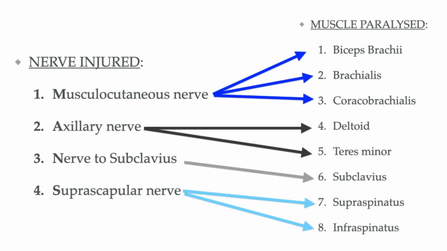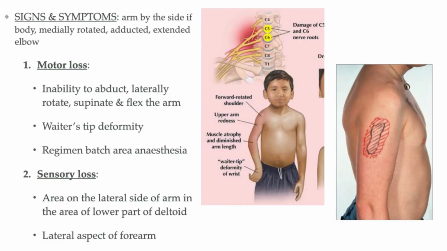Now we need to understand what are the clinical features with which the patient presents. Because of the paralysis of the muscles, the patient is unable to perform abduction at shoulder joint. As a result, his upper limb remains by the side of the body in adducted position.